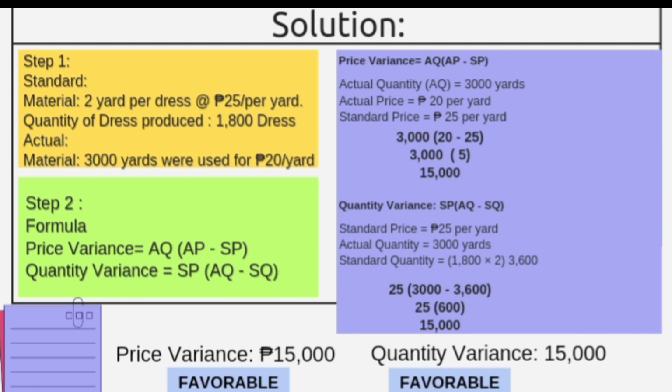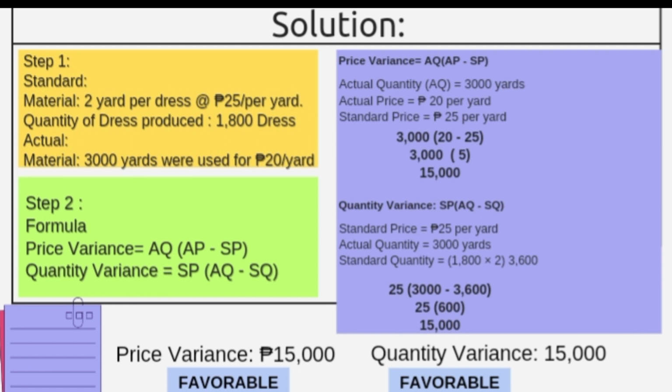And now let's try to solve the price variance. The actual quantity is equal to 3,000, the actual price is equal to 20, and the standard price is equal to 25. Let's first solve what's inside the parenthesis, which is the actual price and the standard price.